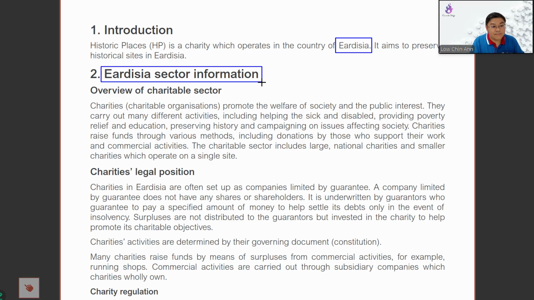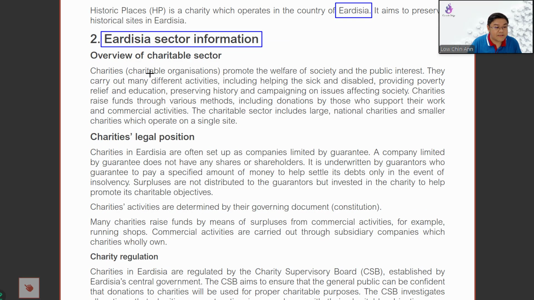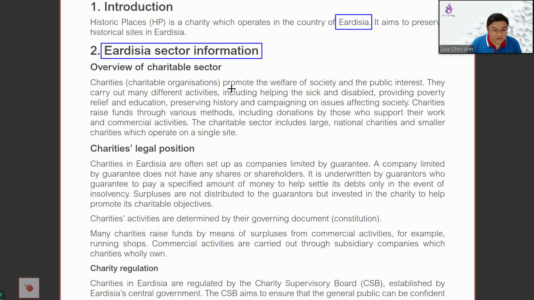Of course this time, because it's a charity, they didn't call it an industry, because industry is more appropriate for profit-making organizations. So, an overview of the charity sector. Charities or charitable organizations promote the welfare of society and public interest. So their objectives are very different.